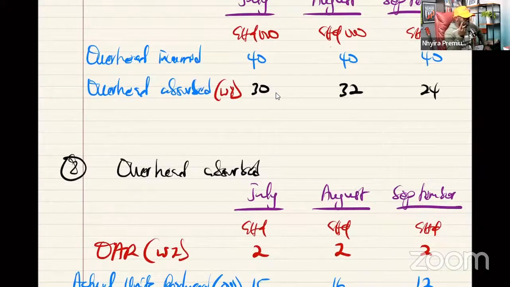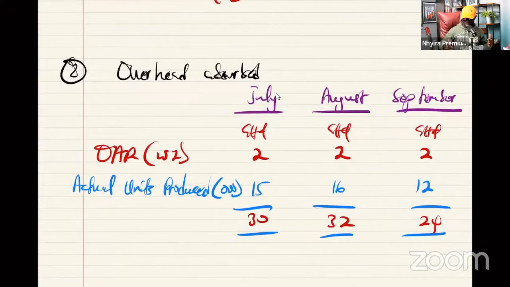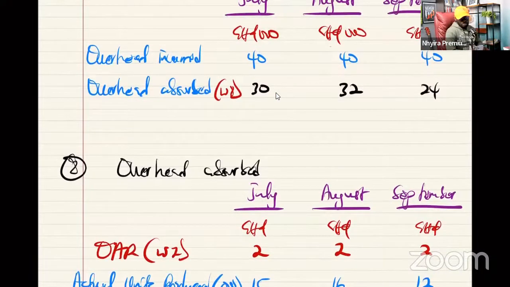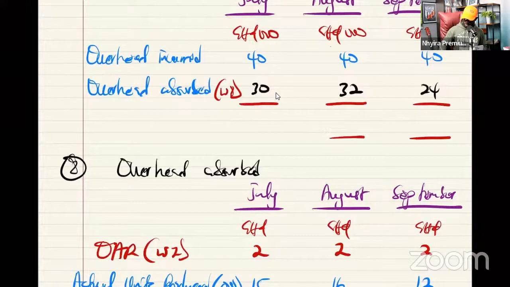So what's going on? We are supposed to incur overhead of 40,000. But based on the calculation we have done, this is the overhead we absorbed. It means we have under-absorbed the overheads in all cases. We have charged less than we are supposed to have charged.